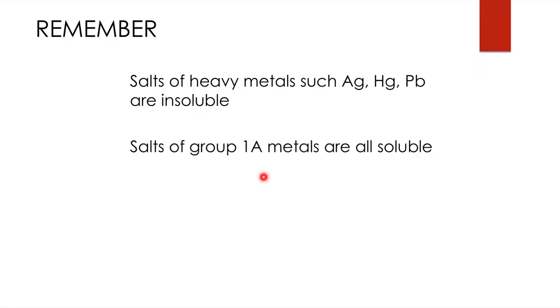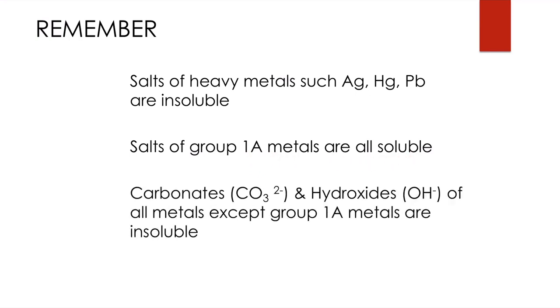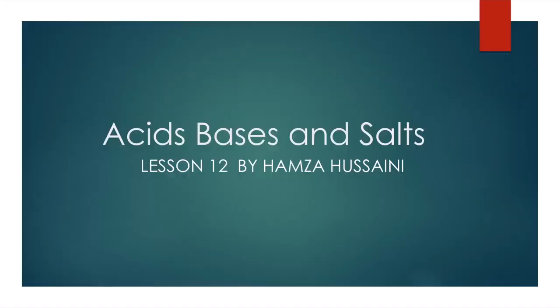If you have salts of 1A metal, always remember they are always soluble. Any salt of a 1A metal will always be soluble. And carbonates and hydroxides, as we just studied, CuCO3, carbonates and hydroxides which contain OH, except 1A metals, are all insoluble. Except for the carbonates and hydroxides of 1A metals, all other metal carbonates and metal hydroxides will always be insoluble.